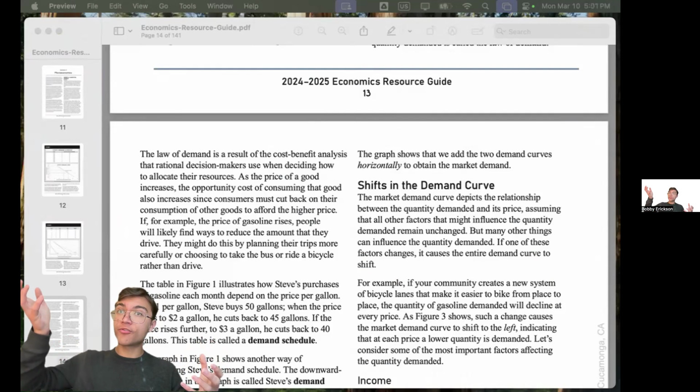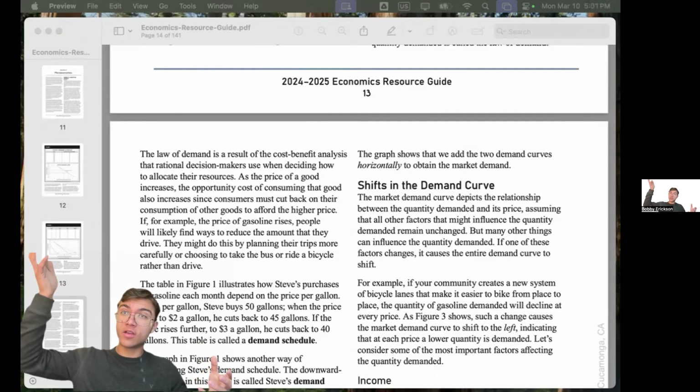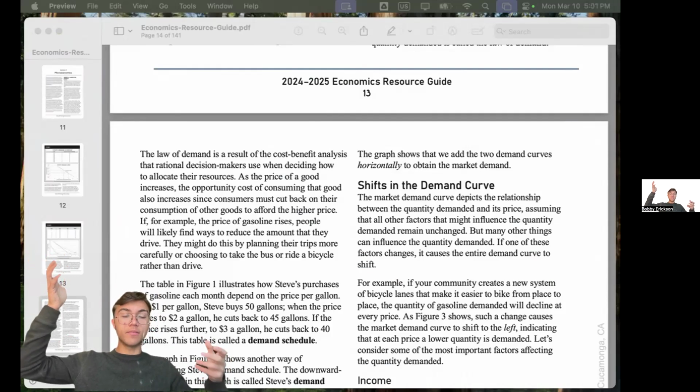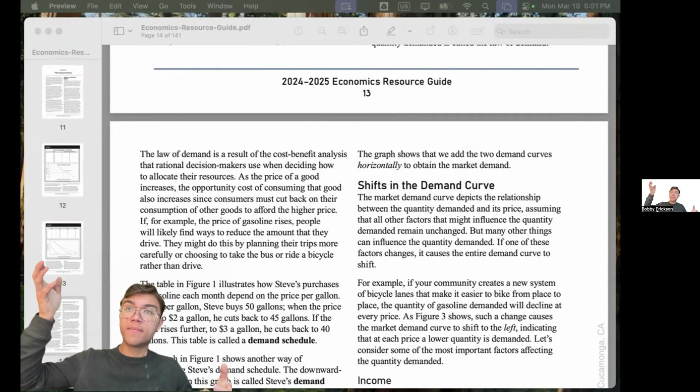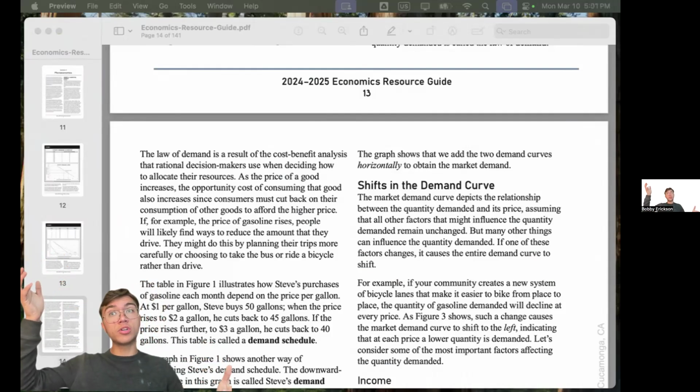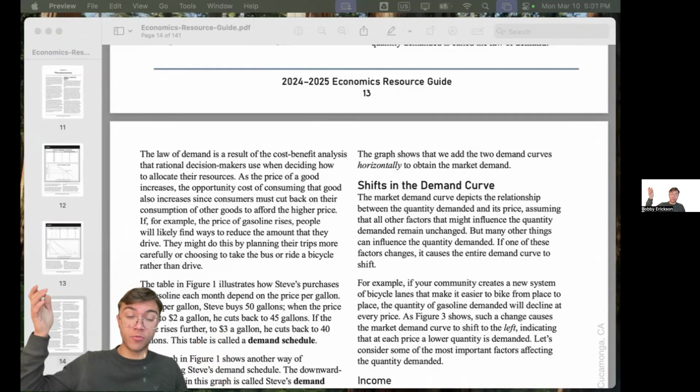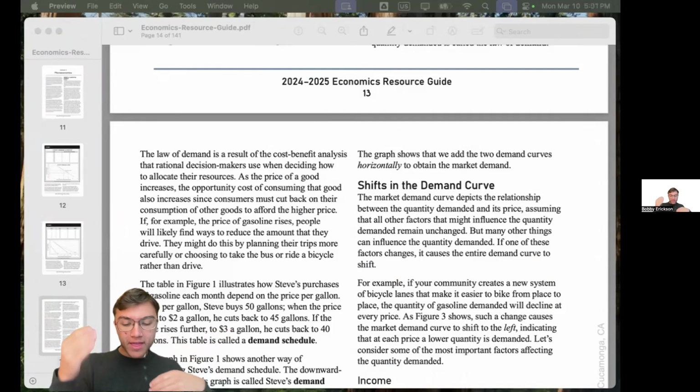But as the price for apples increases, the opportunity cost of an orange becomes greater, because if you buy the apple, then you're missing out on that orange that's cheaper and you can eat it just the same as an apple. So keep that in mind when thinking about what happens when price increases.